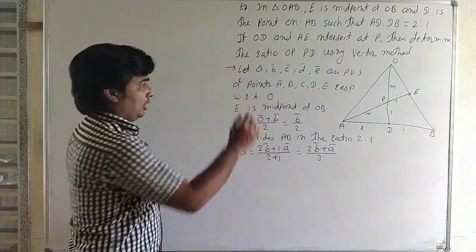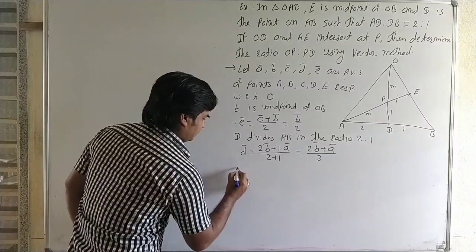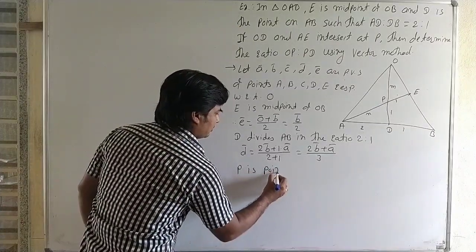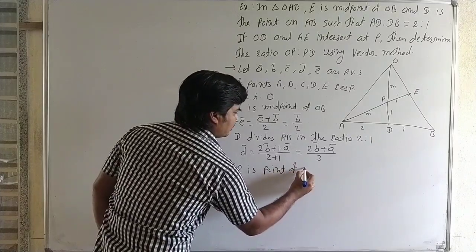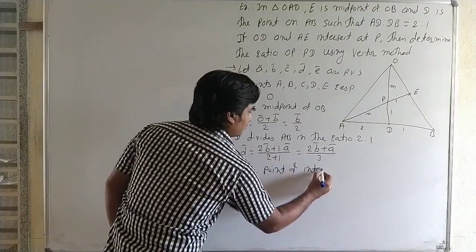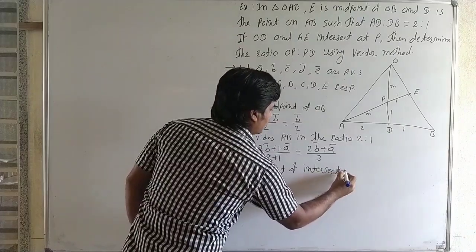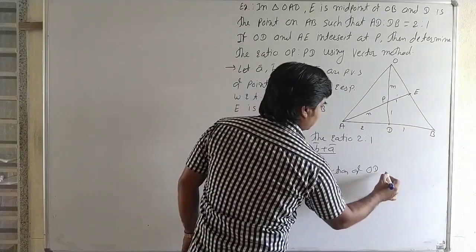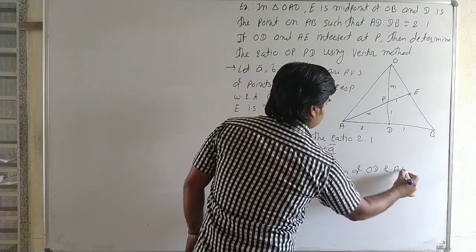Now P is the point of intersection of OD and AE.